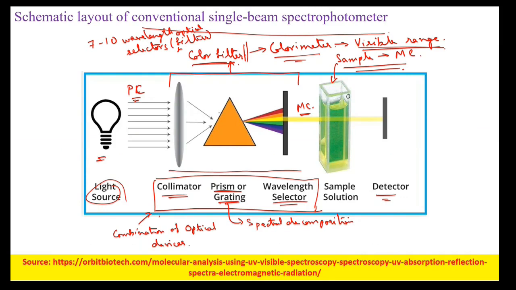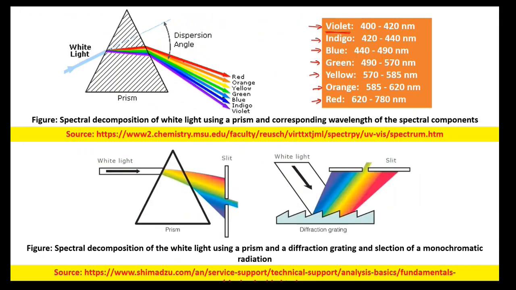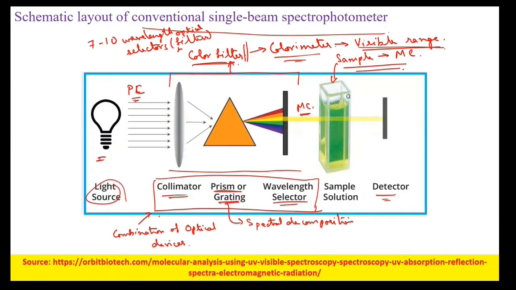Then as you change the filter holder, you can get the indigo, blue, green, yellow, orange, and red light. In that case, with the help of the color filter, you are creating a monochromatic light. Okay, you are using a monochromatic light.